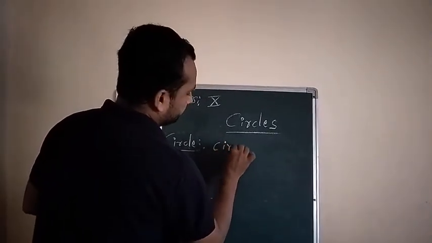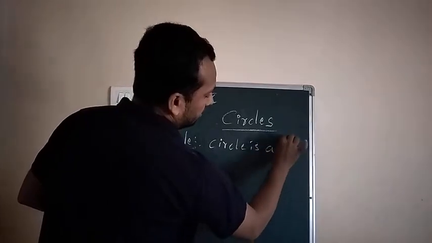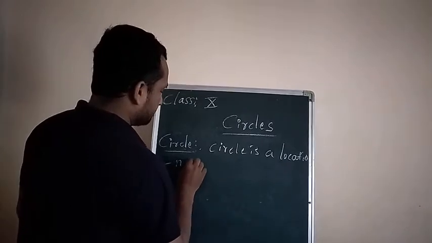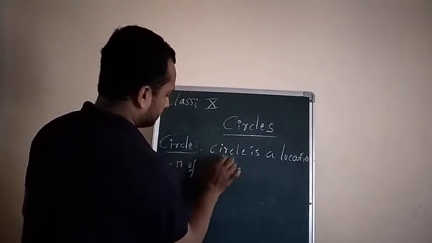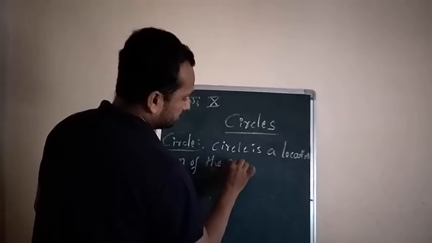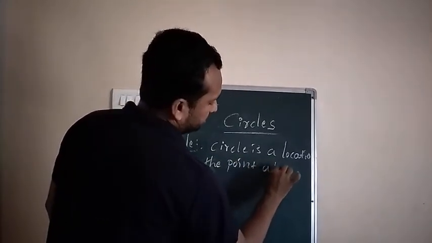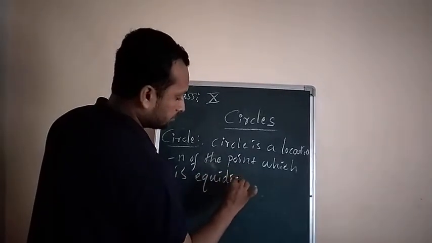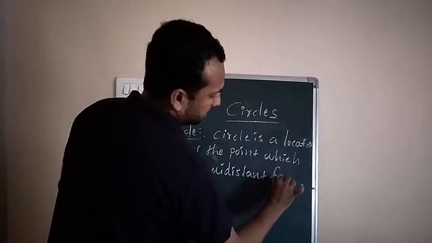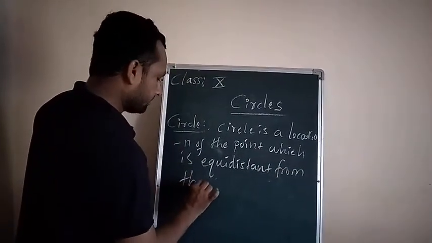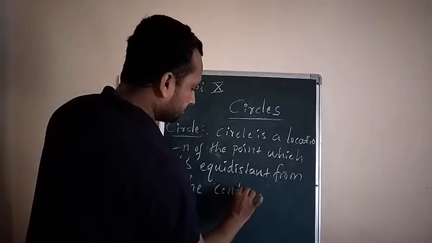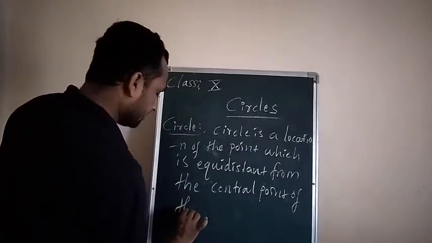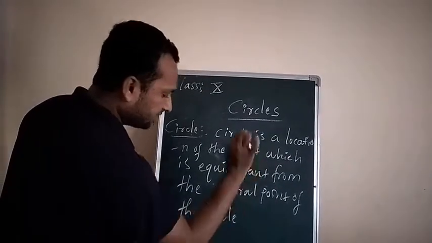Circle is a location of the point which is equidistant from the central point of the circle. Now this is a common definition of the circle.